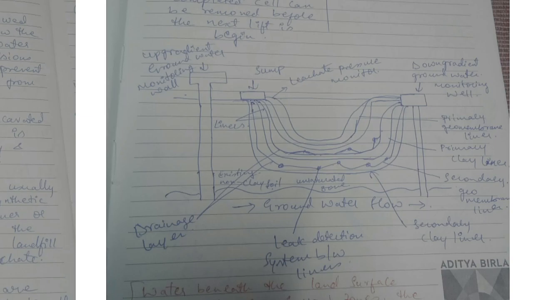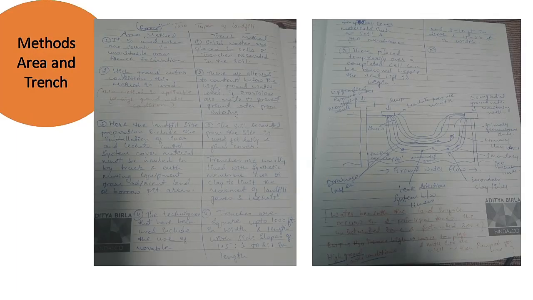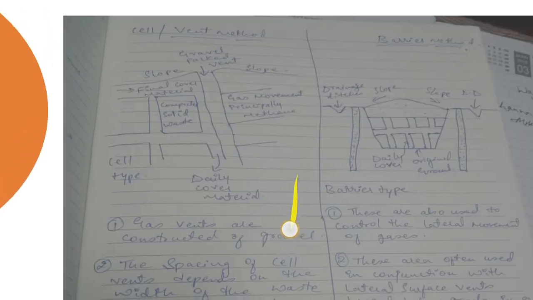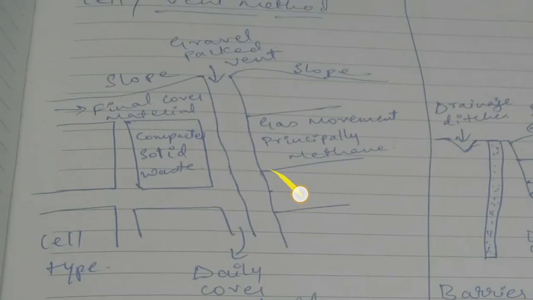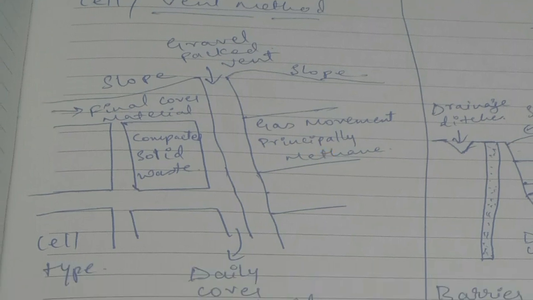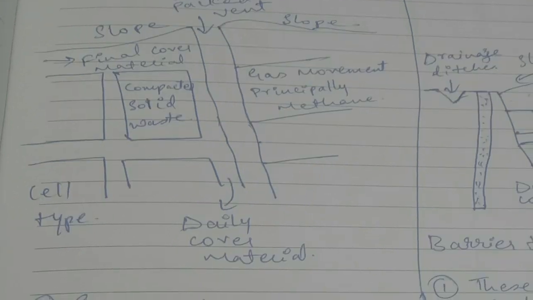Okay, fine. Let's see the main basic methods, the cell or vent method, as well as the barrier method. In the cell or vent method drawing, you have the slope, final cover material, and compacted solid waste cells like square boxes, gas movement, principally methane gases, and daily cover materials.